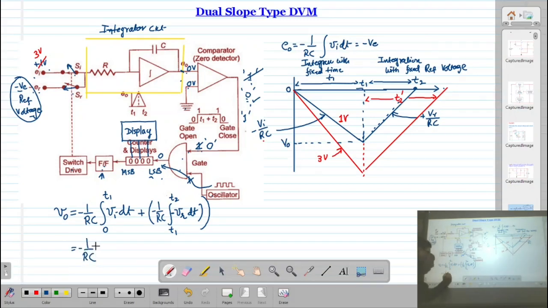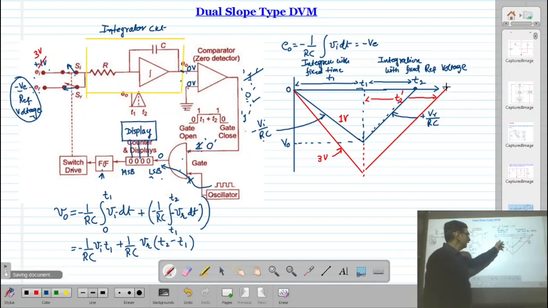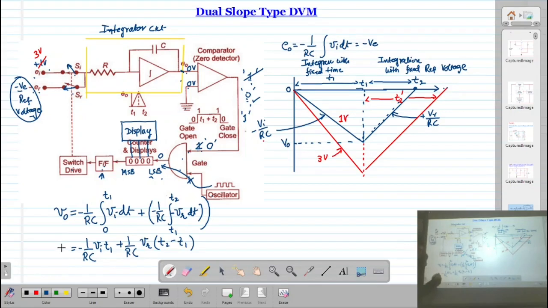If you take the integration of this, then it is Vi into T1, plus 1 upon RC, and integrating this gives VR into T2 minus T1. But ultimately, after the integration, my output voltage is going to be 0. Here it starts with 0 and also ends with 0. So this output voltage is 0.